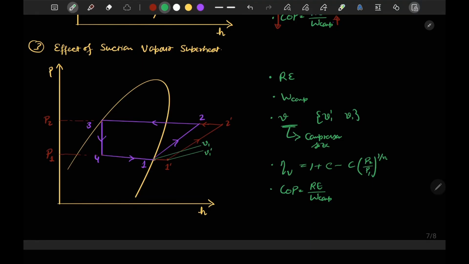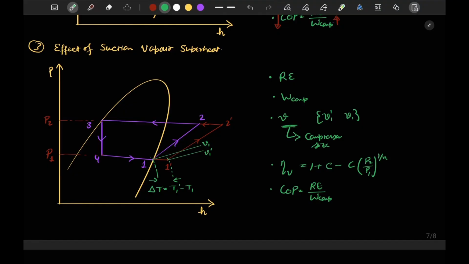Now if we talk about these two curves here, this is 1 dash. This change in temperature, delta T, is our T1 dash minus T1, and this is exactly what is called the degree of superheating, that is, to what degree the suction vapor is superheated.